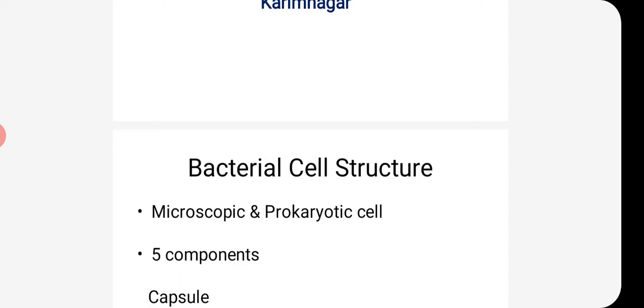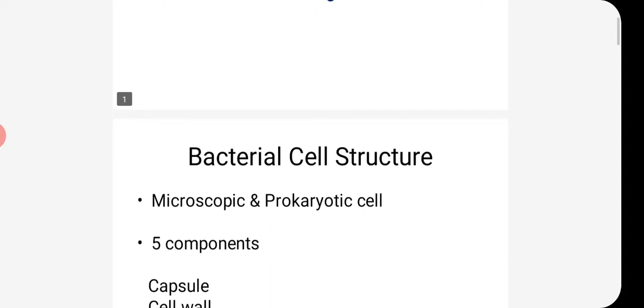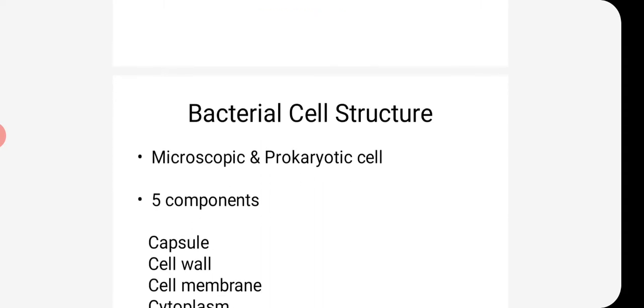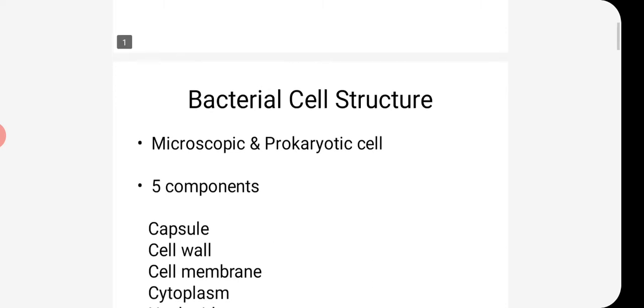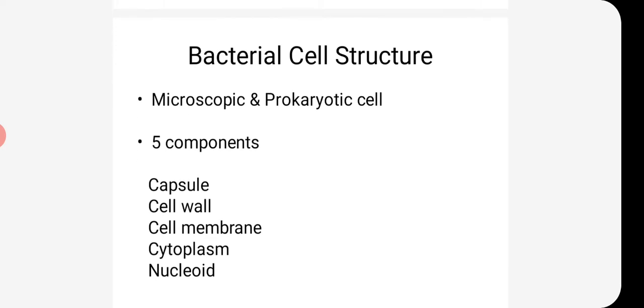Actually, the bacterial cell has five components in its cell structure. The first one is the capsule, the outermost layer, and the second one is the cell wall. The third one is the cell membrane, then cytoplasm, and nucleoid.